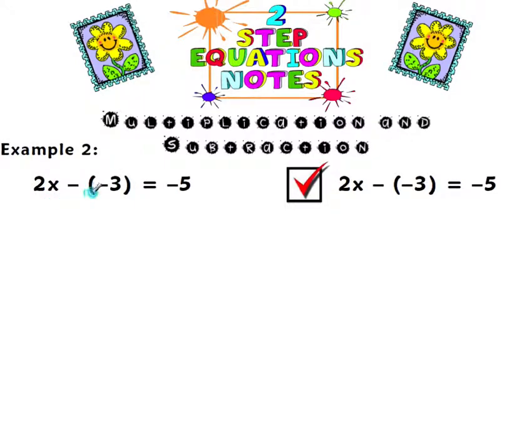2x minus -3 equals -5. So we spent a lot of time with our work of integers identifying that when we have this minus negative sign right next to each other, that this is the same thing as 2x plus 3 equals -5. So in this case, we are undoing this addition of 3. So we would subtract 3 from both sides.